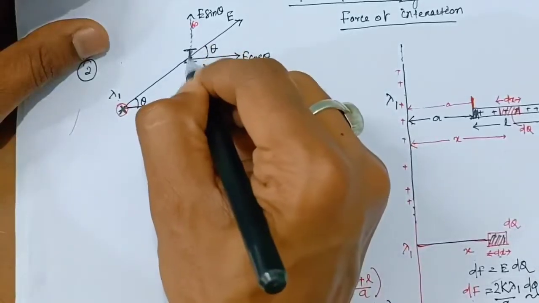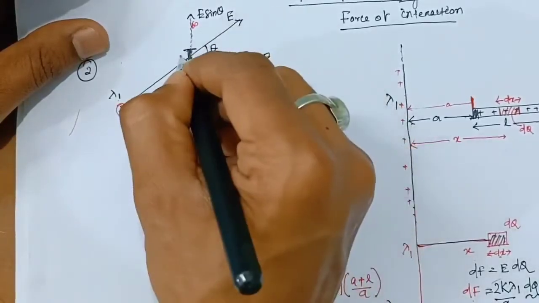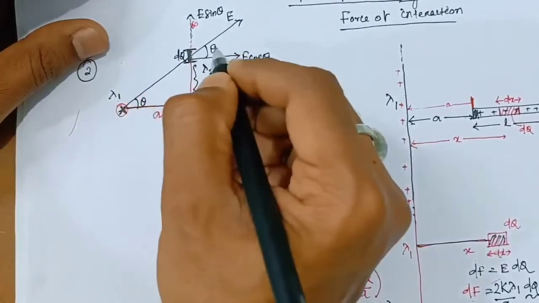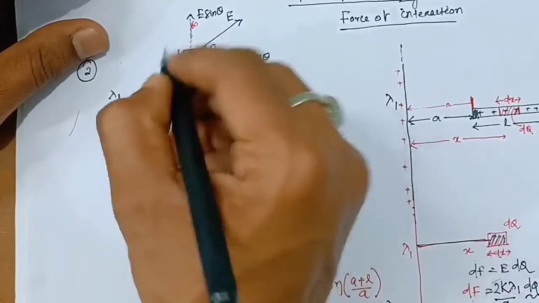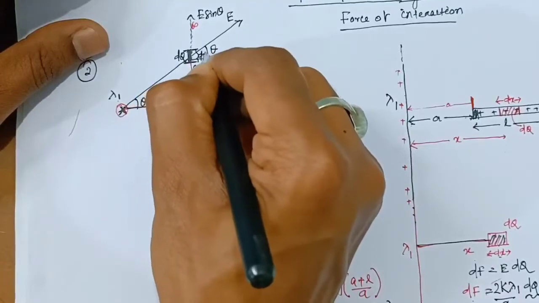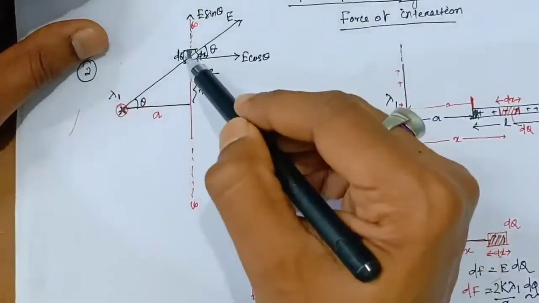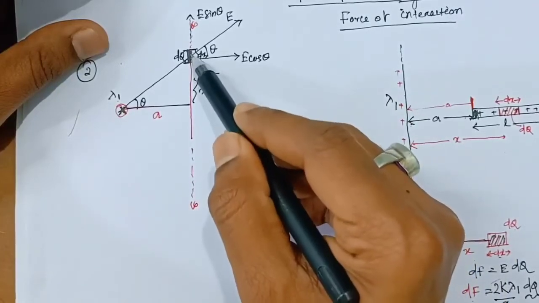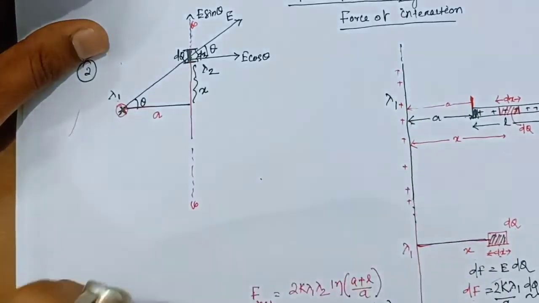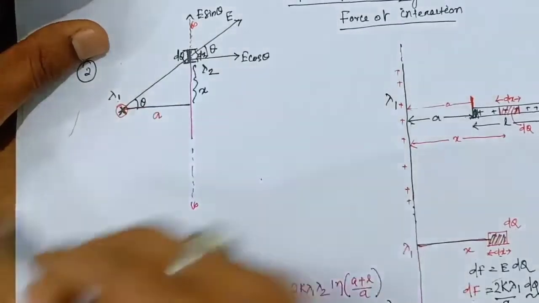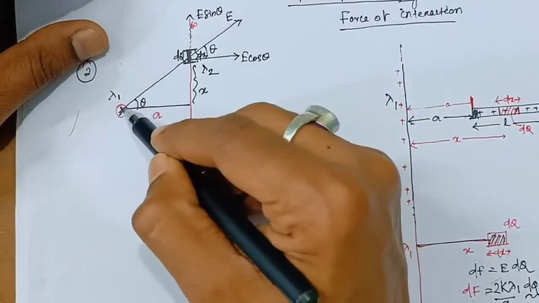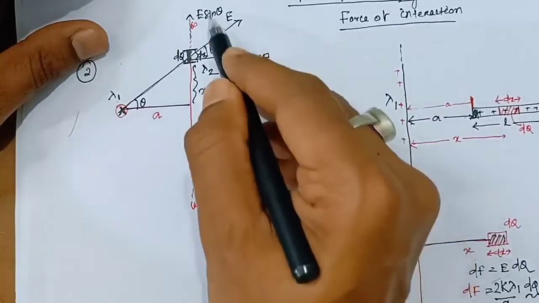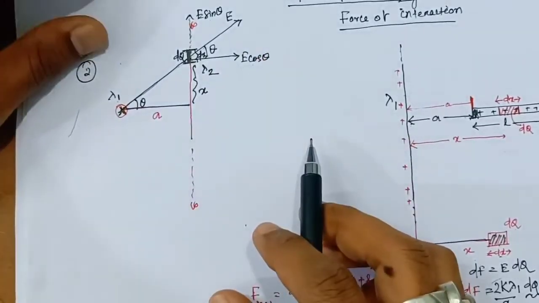And this small element I consider, the charge is dq and the length is dx, from x to x plus dx. The electric field will go like this, with two components: one is E cos theta, another one is E sin theta.